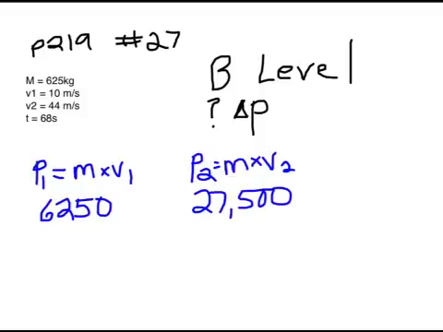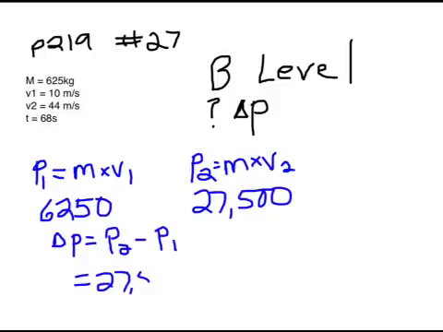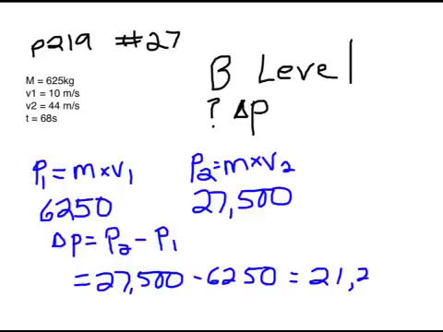Now, I've got this backwards, so I'm going to rewrite this as delta P is equal to P2 minus P1. So my second momentum minus my first gives me my delta P: 21,250 units of momentum.